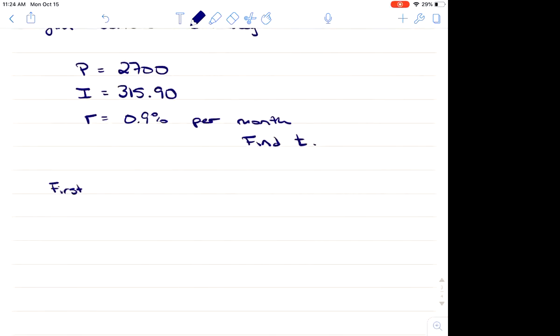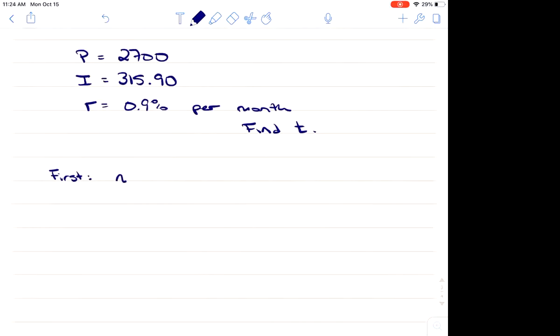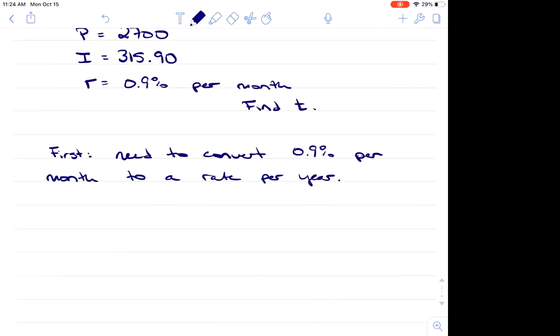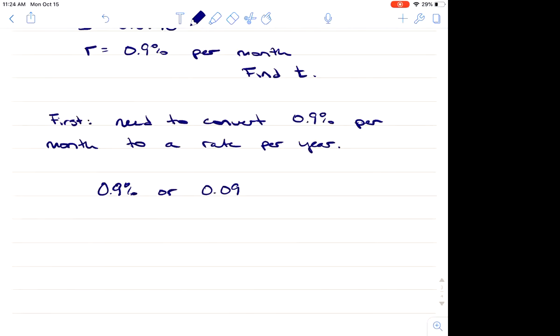First, need to convert 0.9% per month to a rate per year. Okay. So 0.9% or 0.09, sorry, per month, right?